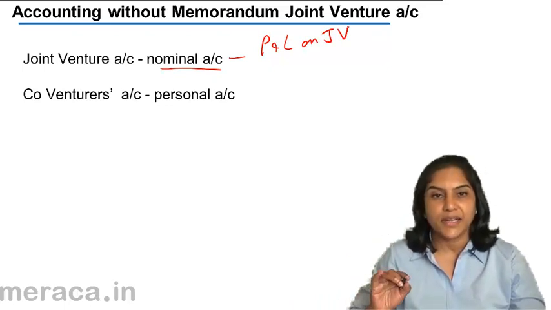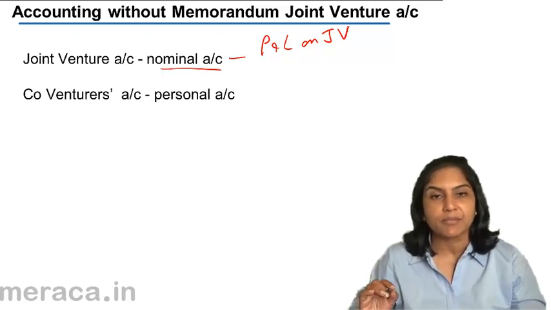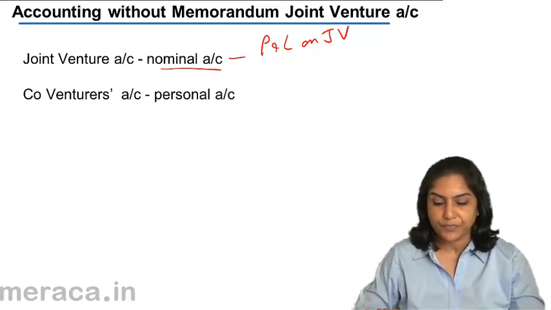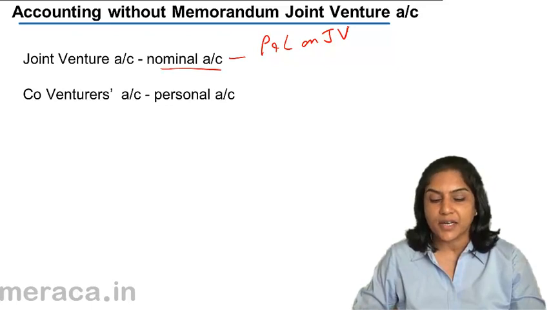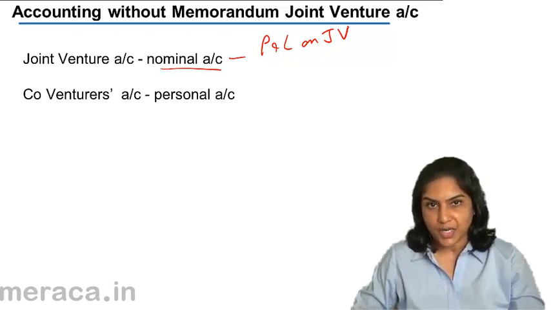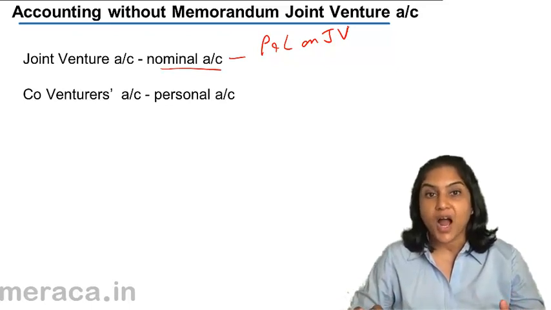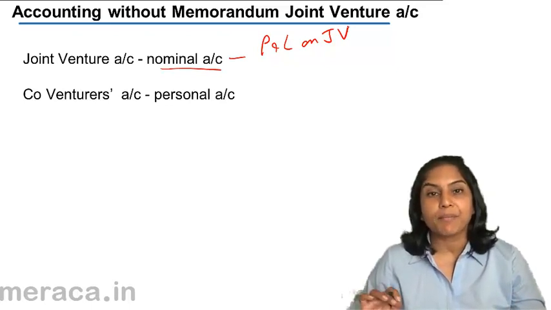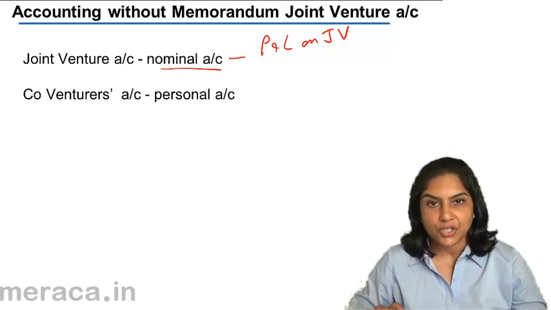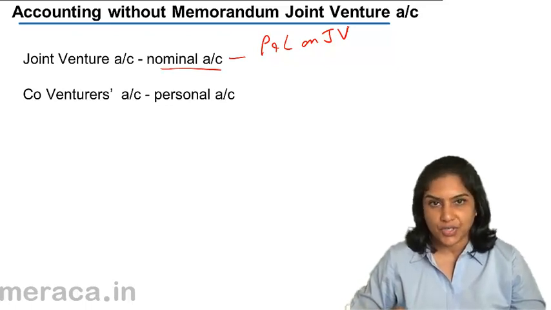All expenses are debited to the joint venture and incomes credited to the joint venture. And there is another account, the co-venturer's personal account, like we did Akash and Bikash. In Akash's books, there will be Bikash's account, and in Bikash's books, there will be Akash's account.